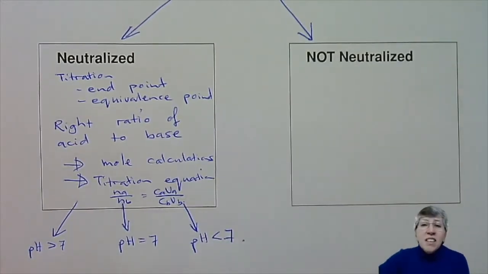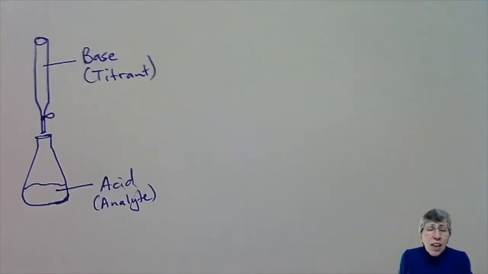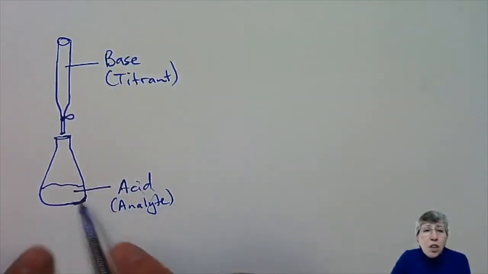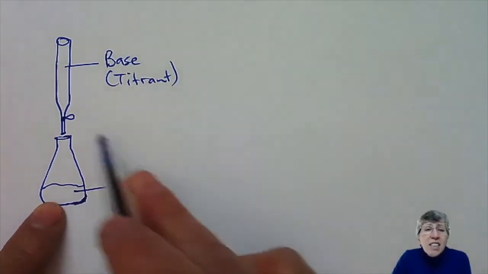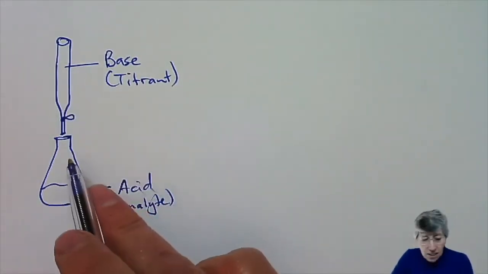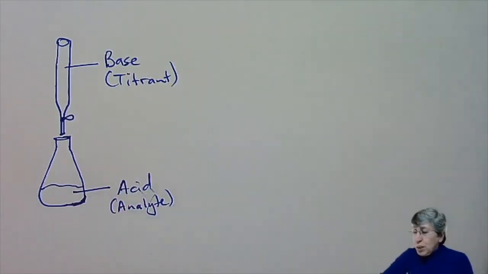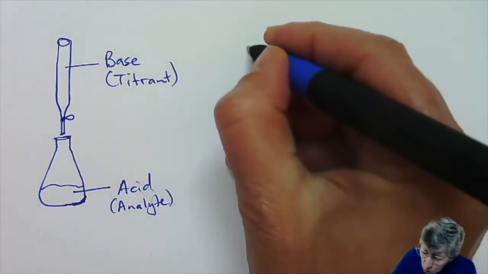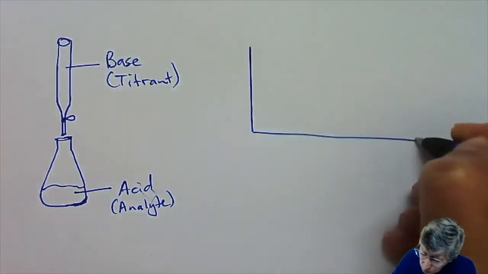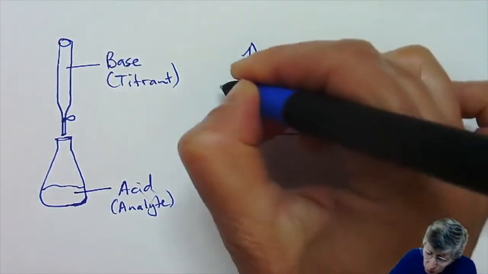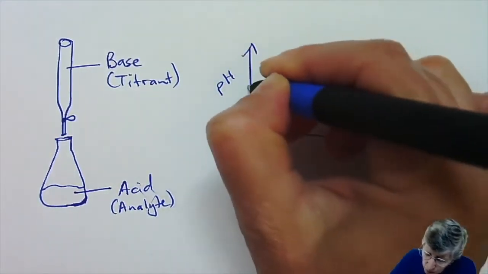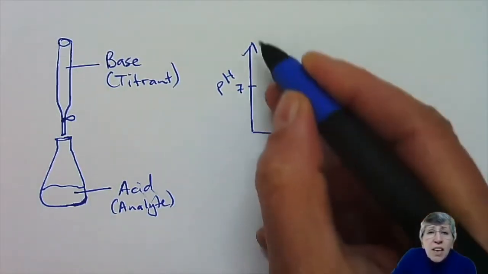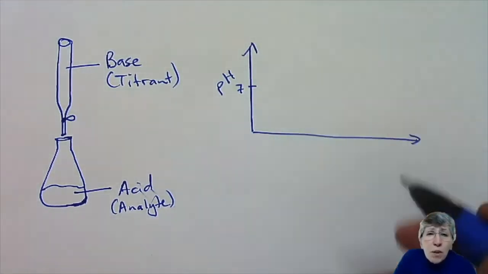Now, to understand that, we are going to look at a titration. Let's say we've got a titration where you've got the analyte down there, the acid, and you are adding the base. Now, what I want to do is add the base dropwise, and then draw a graph. On this graph, I want to draw the pH, with 7 up there, and then 0 down here, and 14 up there, which is very basic.